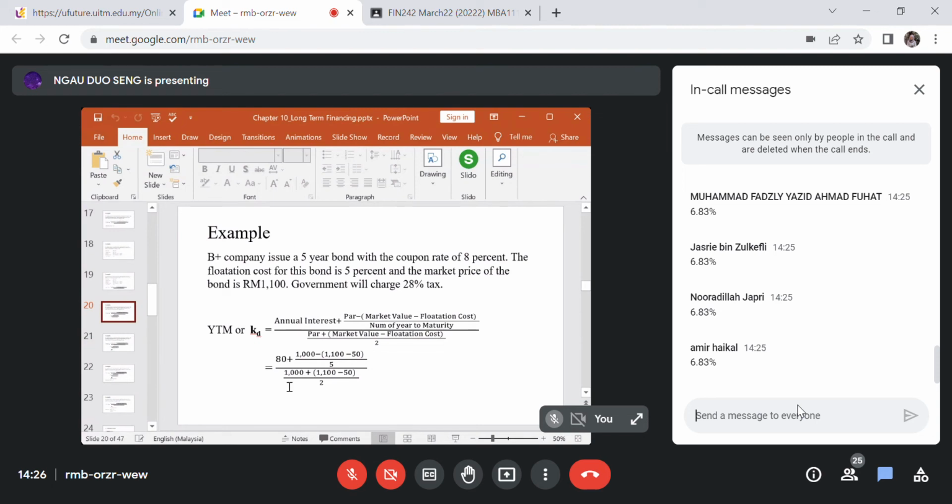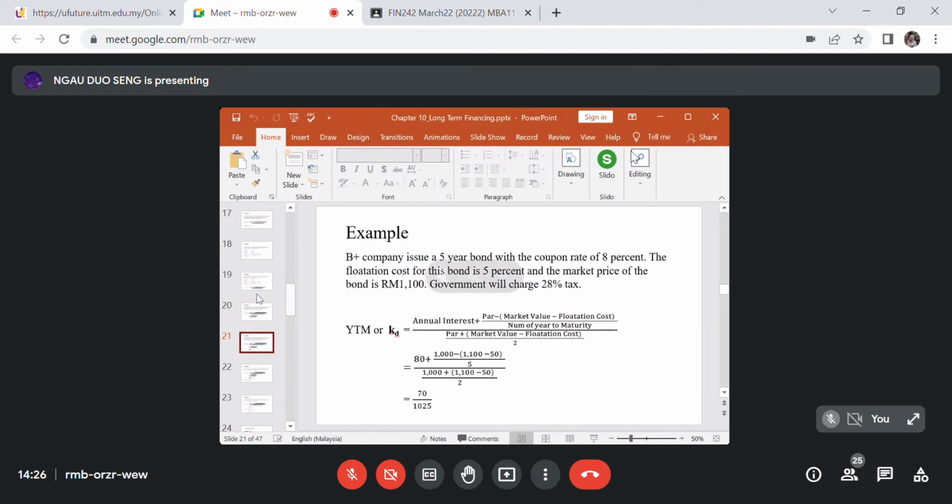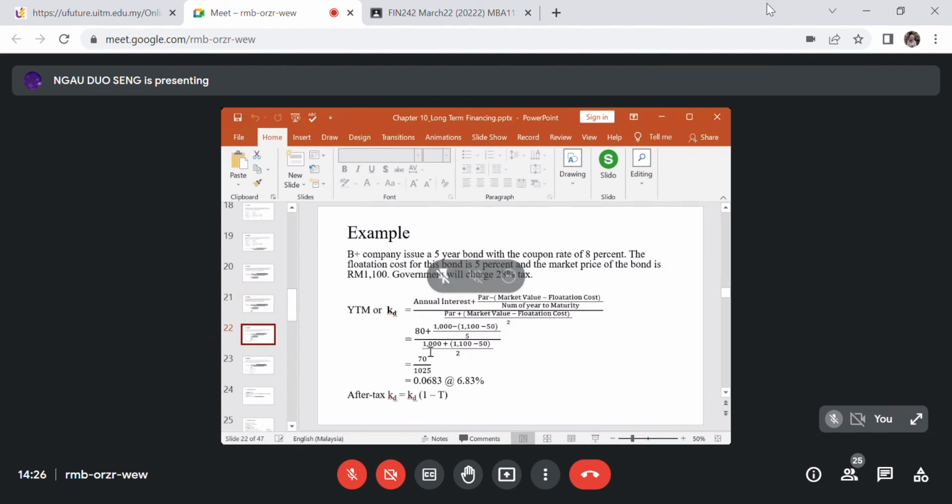So we have divided by (1,000 plus 1,100 minus 50) divided by 2. Okay, so we have 70 over 1,025. Then we will get 6.83%. All right, so semua betul lah. Okay, good. Then you calculate the after tax.